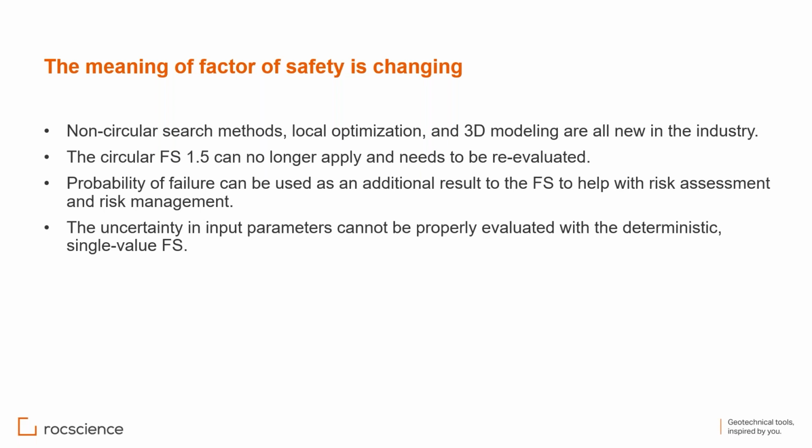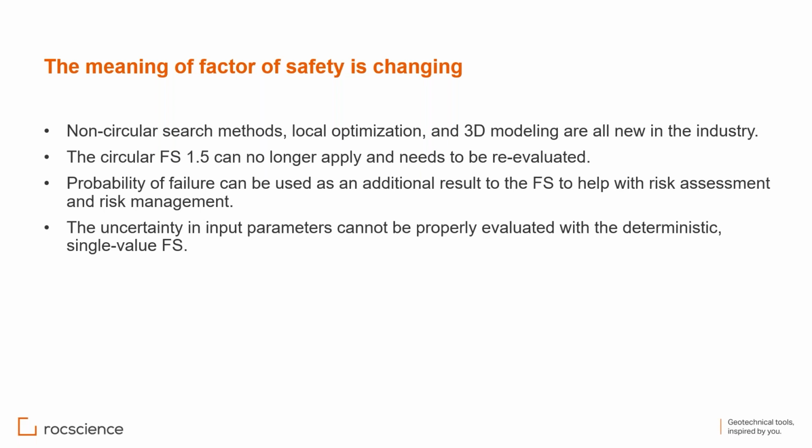So before we talk about the ways of doing probabilistic analysis, let's look at the reason that we are doing probabilistic analysis. Recently, many different methods of non-circular slope stability analysis and local optimizations have been developed, and 3D modeling is all new in the industry as well.